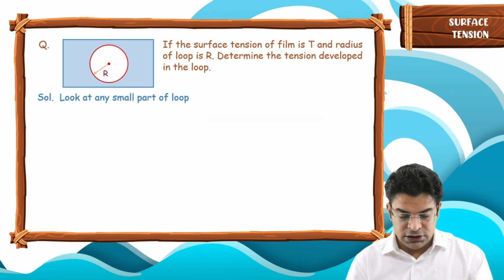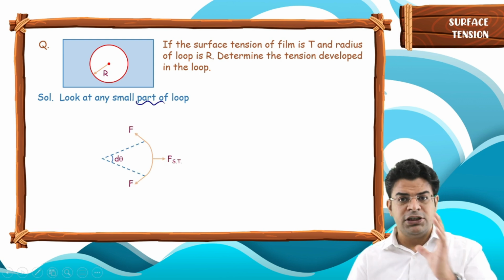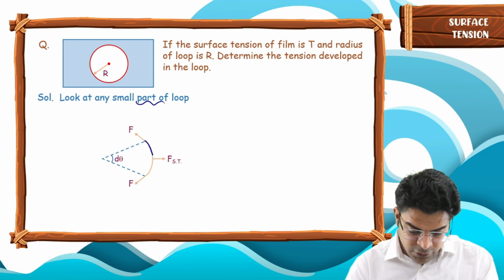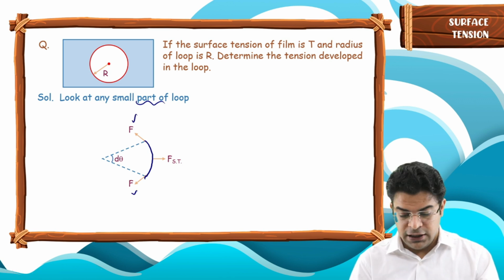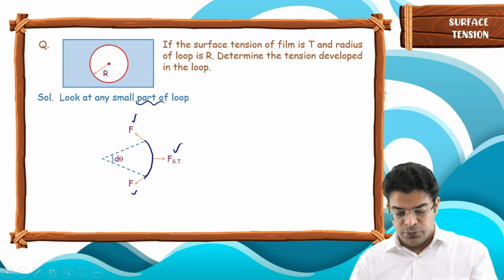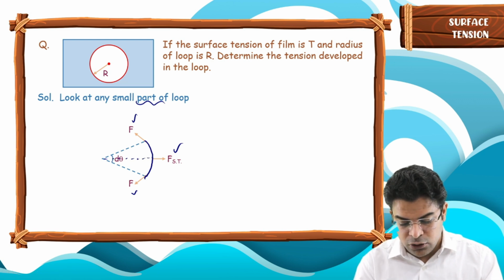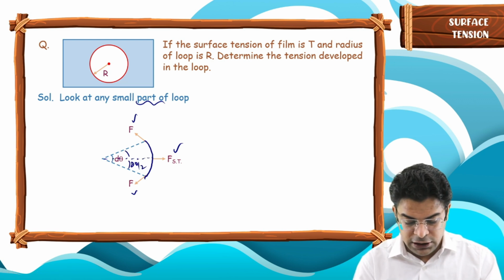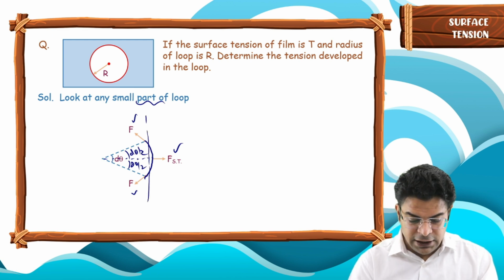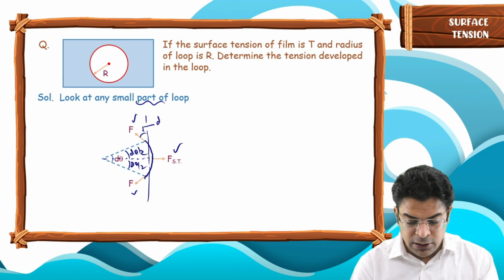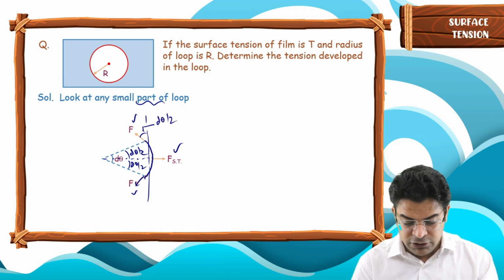So visualize a small part of the loop. On this small part of the loop, there will be forces because of the remaining loop, let's say F, and there will be a force of surface tension outwards. If we divide this d theta part into 2 halves, d theta by 2, d theta by 2. Now this force acts with the vertical at an angle of d theta by 2, and this force also acts with the vertical at an angle of d theta by 2.